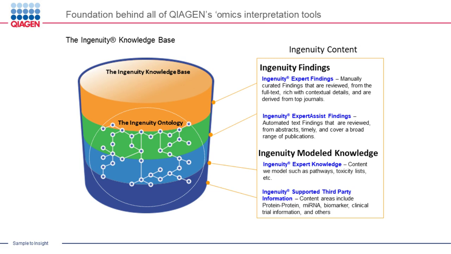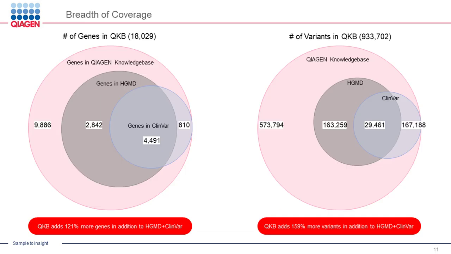Beyond the literature, we also incorporate data from third-party sources like ClinVar, OMIM, and clinicaltrials.gov to build this ontology, such that we have a rich resource of gene-gene and gene-phenotype relationships that, as you'll see a little later in the presentation, will enable us to easily pull out variants of interest from a clinical exome. Additionally, these findings are what are tied to those ACMG rules that invoke them during the variant interpretation process.